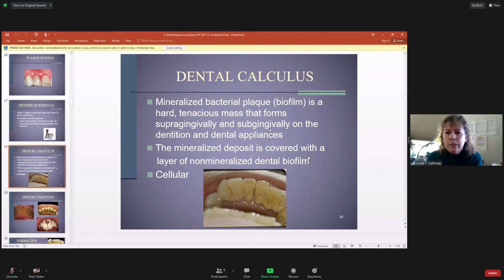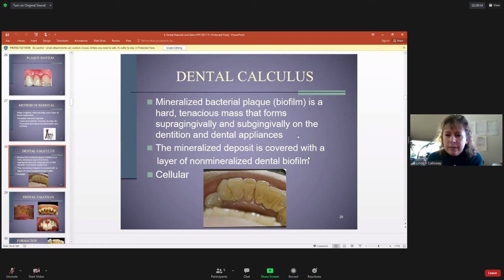Dental calculus. What is calculus? It is the biofilm that has mineralized to become hard, tenacious masses. Most of us, if we're prone to it, will get it on these bottom front teeth, right? There'll be a little layer there that wants to build up because we have so much saliva down there. Think about it.